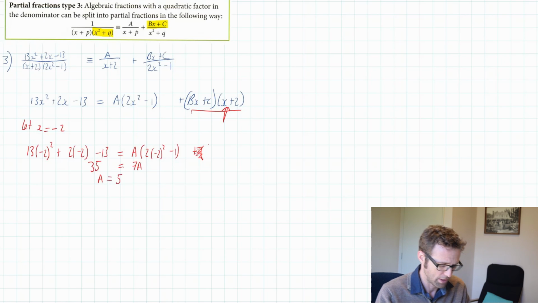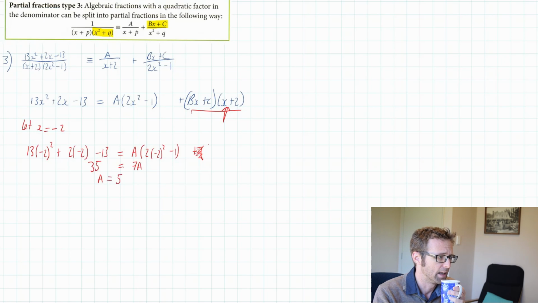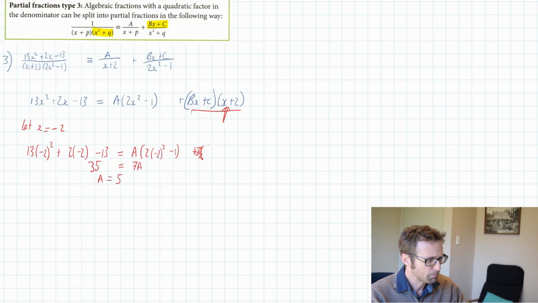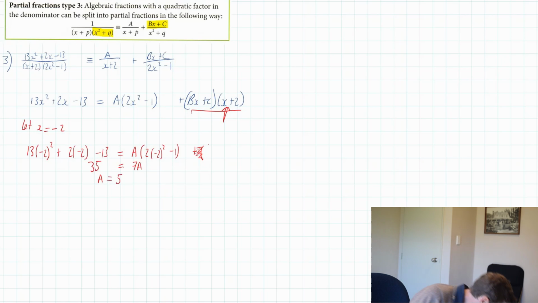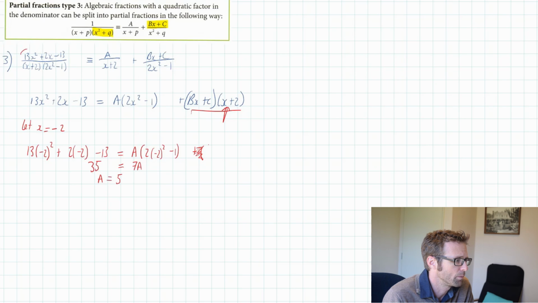Alright, now what are we going to do? At this point, we can do something called equating the coefficients. Now, if you look up to the top here, we know that we're meant to have 13x squared.